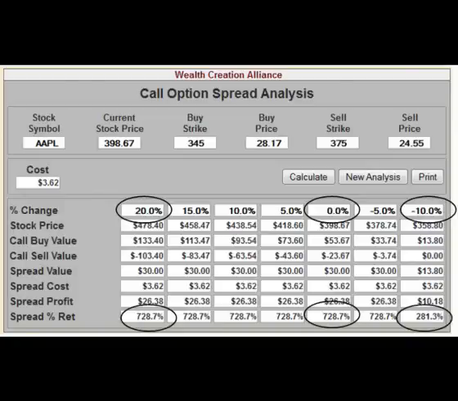And we can see from the analysis, if Apple stock increases in price, the spread has a 728% return potential. If Apple stock remains flat, the spread has a 728% return. And if Apple stock declines 10%, the spread has a 281% return. So you can see that it is possible to profit with option spreads if the stock goes up or down.